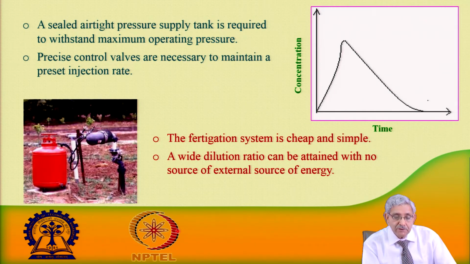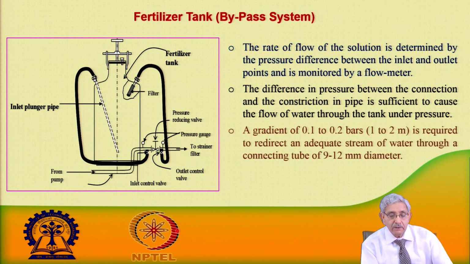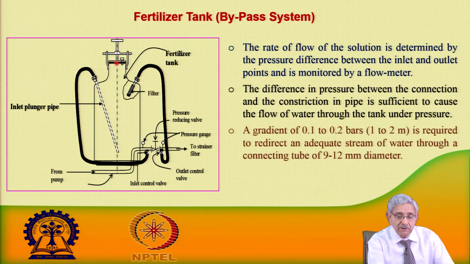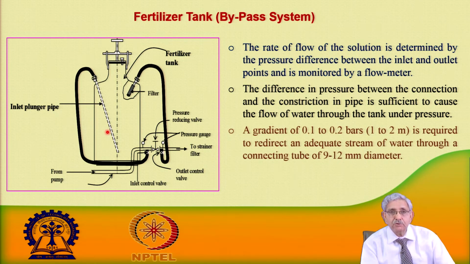An airtight pressure supply tank is required to withstand the maximum operating pressure. So, this is the part I was telling you: there is an airtight system, and the tank should withstand the pressure of the water entering and the water going through the pipeline.